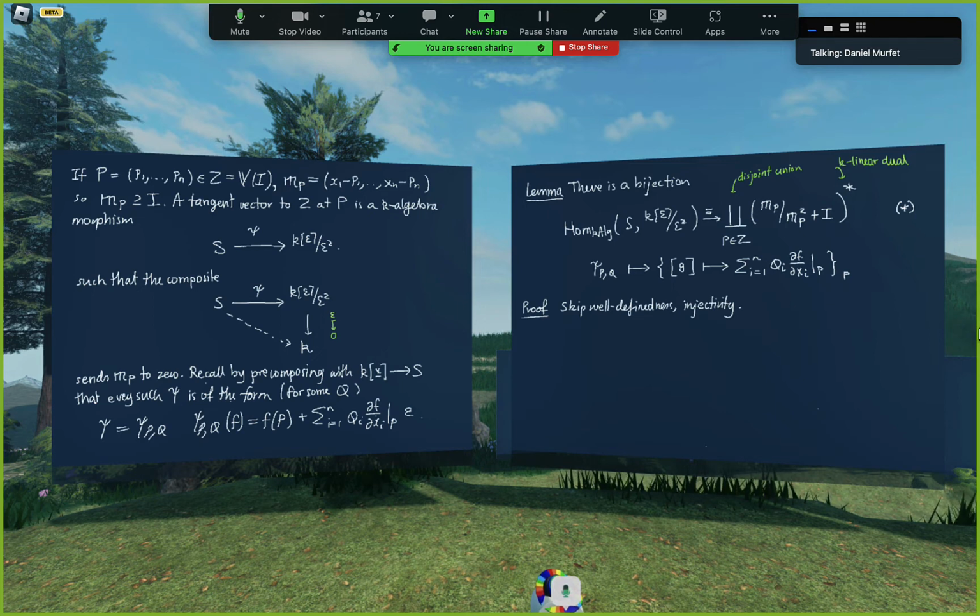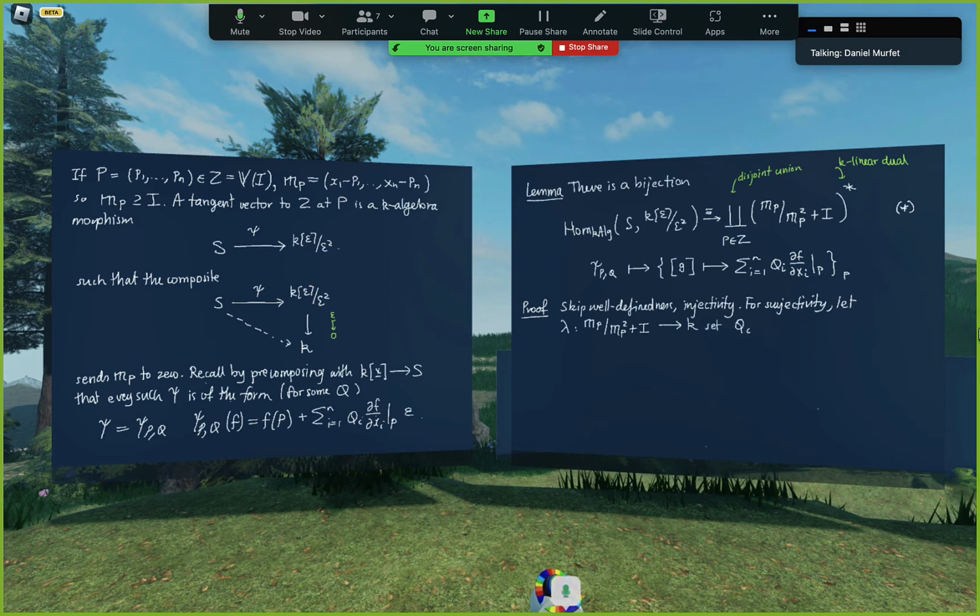For surjectivity, which is what I want you to see, let lambda be on the right-hand side. So that is a linear functional for some p from this guy to k.